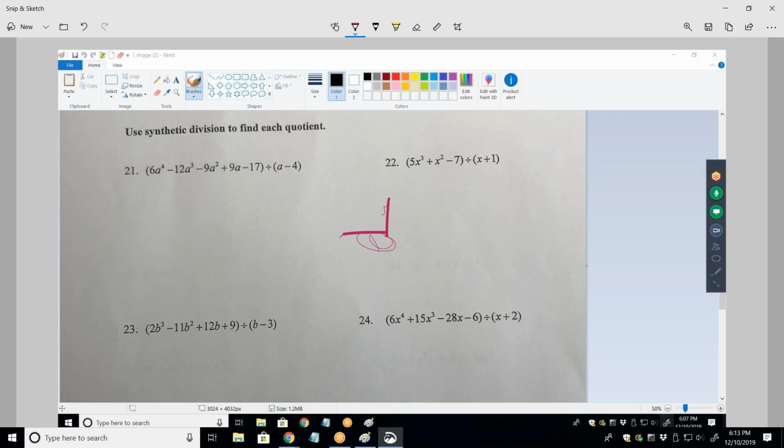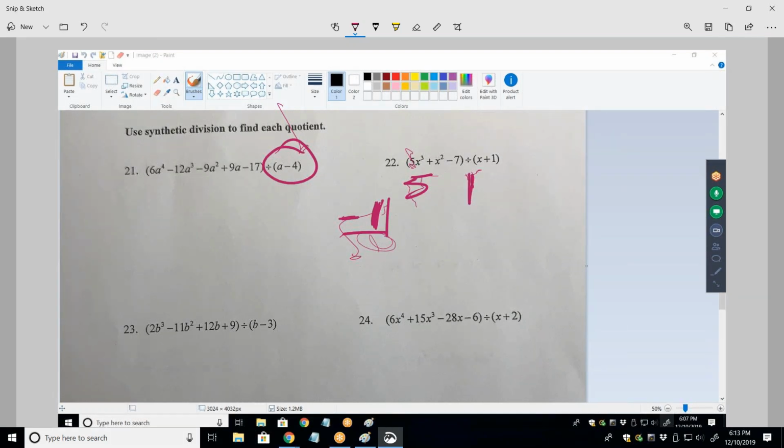So, the very first thing you need to know is what goes in the box. What went in the box when I had that? Oh, it's okay, so it's -1. Good. What goes across the top? 5. It's the coefficient of x squared. 1. Now, here's the kicker.